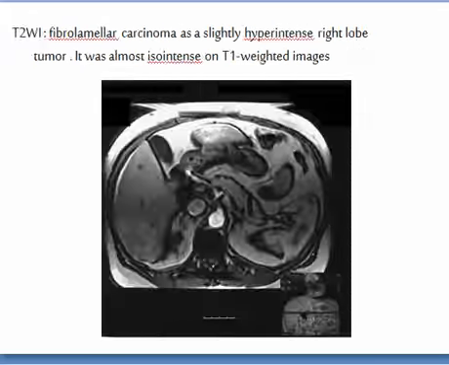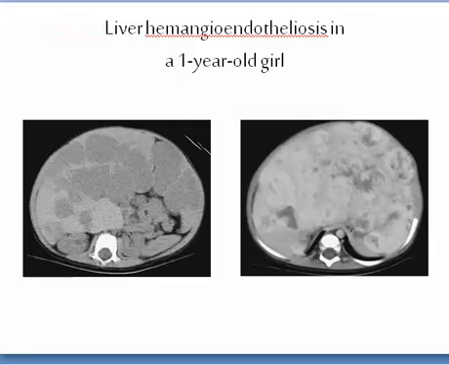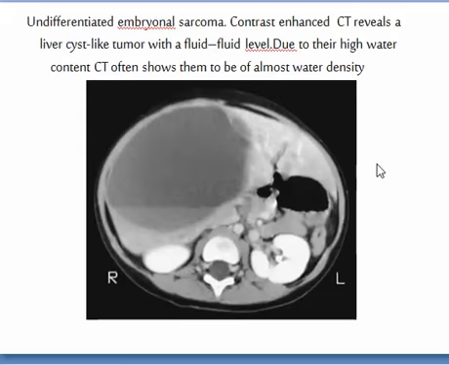So we have here the hemangioendothelioma and endotheliosis, which is a diffuse process, and here we have the hepatoblastoma, which is a very large solid tumor. The third one is the undifferentiated embryonal carcinoma, which appears as a cyst with fluid level, and almost this contains water density.